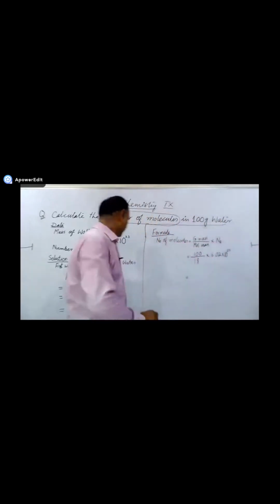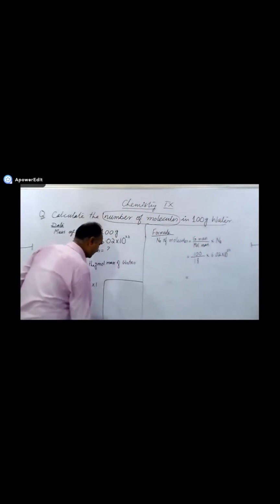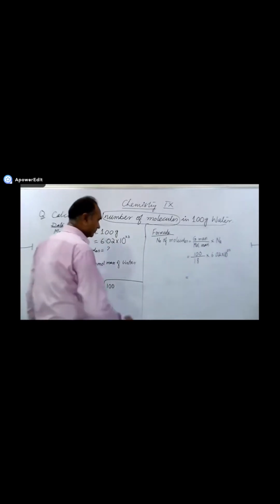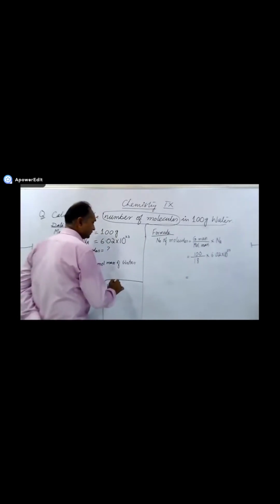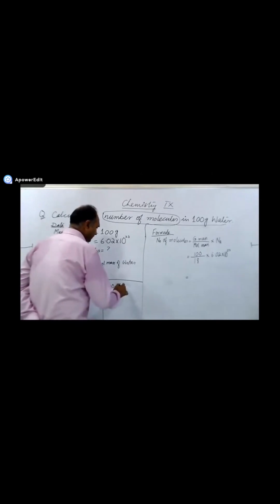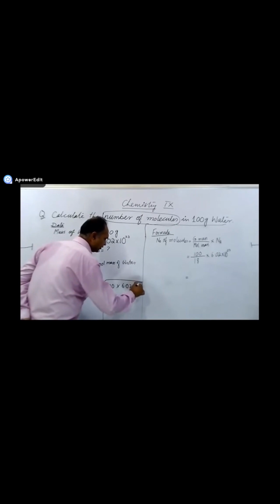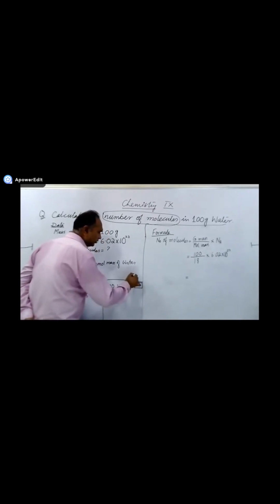Okay? So how will you enter into the calculator? Look at the board over here. If you don't know, you will write 100 multiply 6.02. Then you will press the button of EXP. Either it is the button of EXP exponent or it could be written like this.